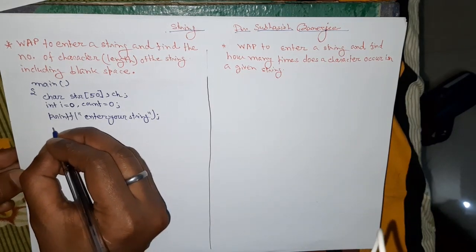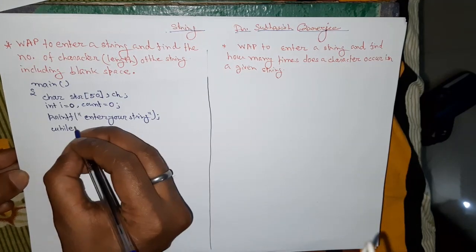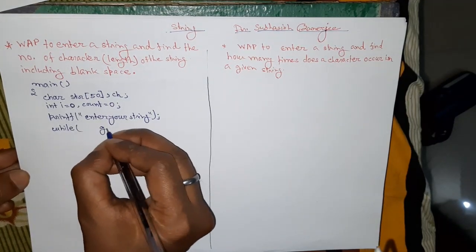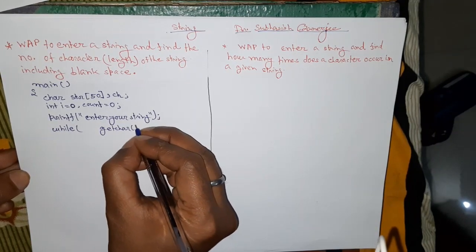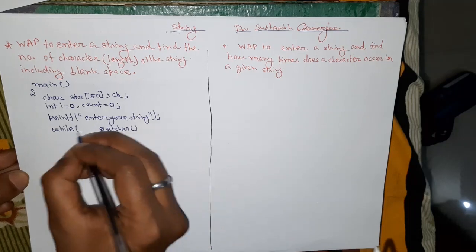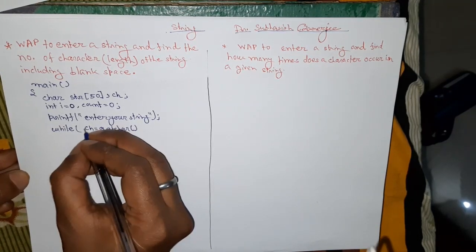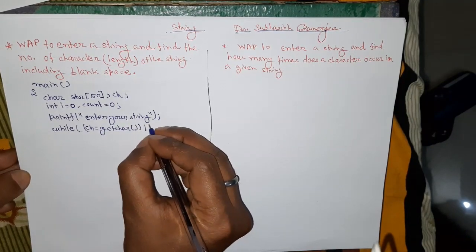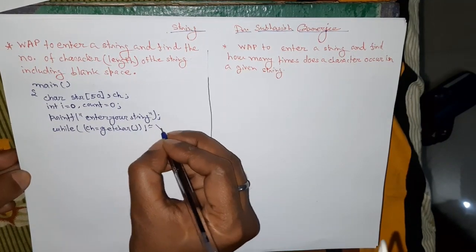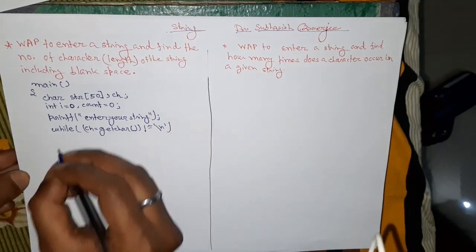We'll have to use a loop because we are going to read multiple characters, but getchar can read only a single character at a time. That's why we must place it inside the loop. So getchar will read a character from the user, store it in a variable, and keep on reading until the user presses the enter button, that is, \n.